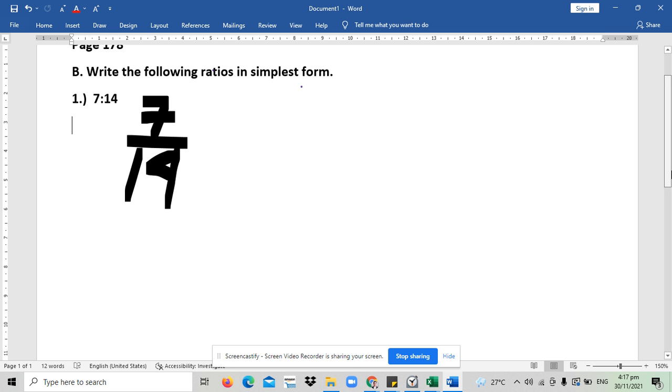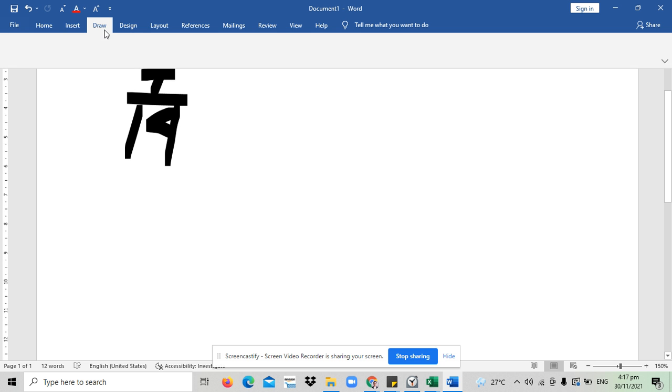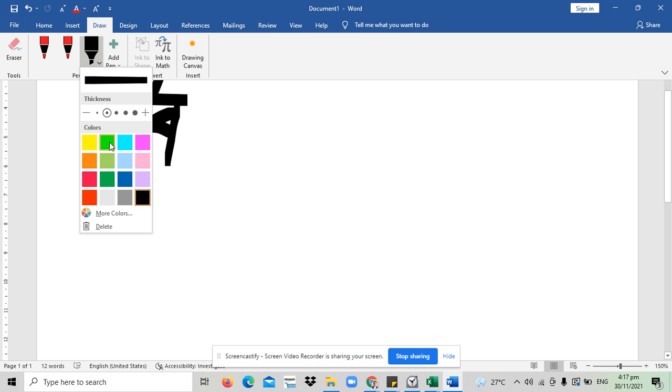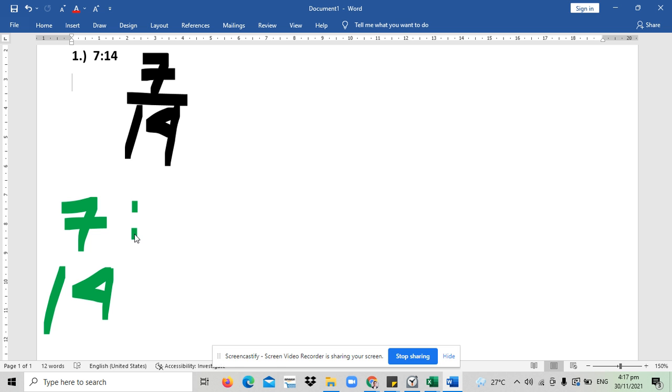So in finding the GCF, how should we get it, Gani? Right. We will list the factors of 7 and 14. I know some of you can easily identify what is the GCF, and you're right, the GCF is 7.